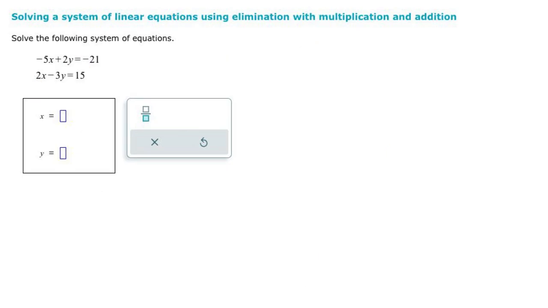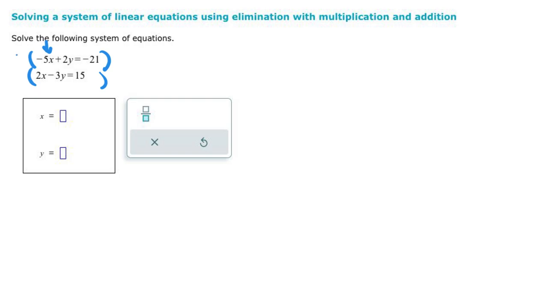In this example, there's not a single multiplier that I can multiply one equation by to cancel my x's or my y's. So I'm going to have to multiply both equations, and I'll show you what I mean in a minute. I'm going to choose to cancel out my x's, so I'm going to put a little arrow right here to remind myself. 10 is the number that both the 5x and the 2x can easily become.